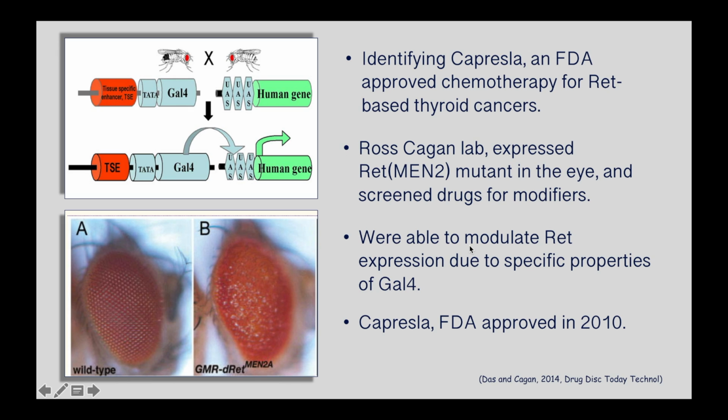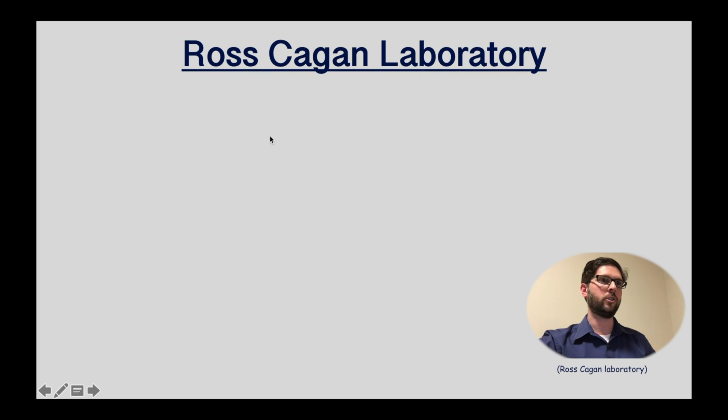And so by utilizing Gal4 expression, they were able to tweak the amount of expression of this RET mutant. They identified Caprelsa, and in 2010, that was FDA approved as the first therapeutic intervention for RET-based thyroid cancers. It was a big day in Drosophila biology.